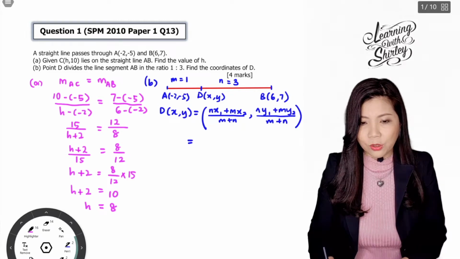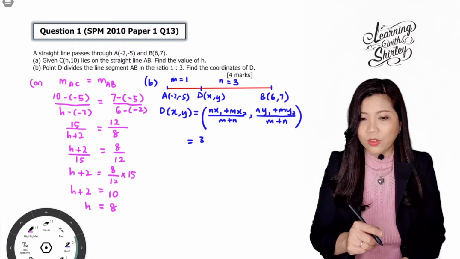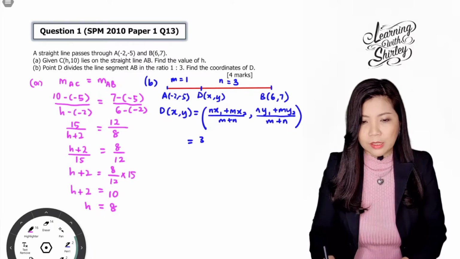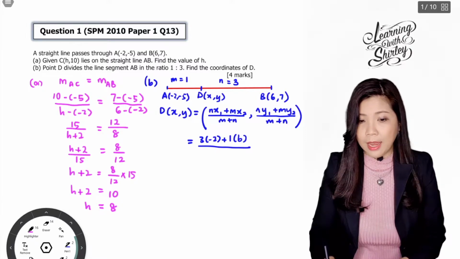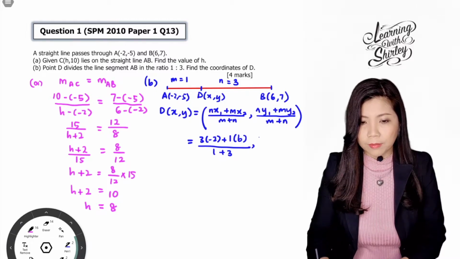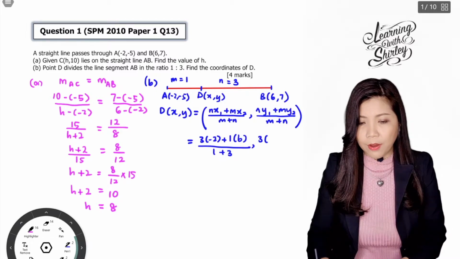So n is 3, x1 is the first coordinate, which is A, and B will be the second coordinate. So x1 will be -2, plus m is 1, then x2 is 6, over m plus n, which is 1 plus 3, then comma. n is 3, y1 is -5, plus m, which is 1, and then y2 is 7, over m plus n, so 1 plus 3.